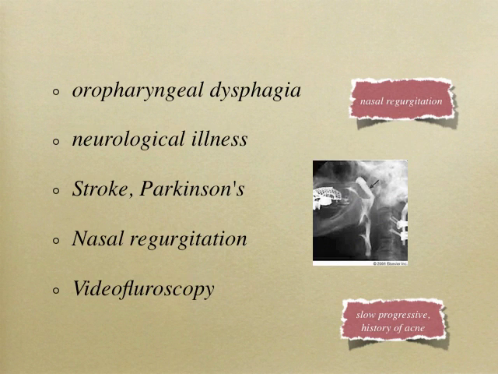So these are patients, generally they're older patients, and the big clue for you, apart from nasal regurgitation, is the underlying neurological illness. Most of these patients have either a chronic neurological condition like Parkinson's, myasthenia gravis, or amyotrophic lateral sclerosis, or may have an acute neurological condition like a brainstem stroke.